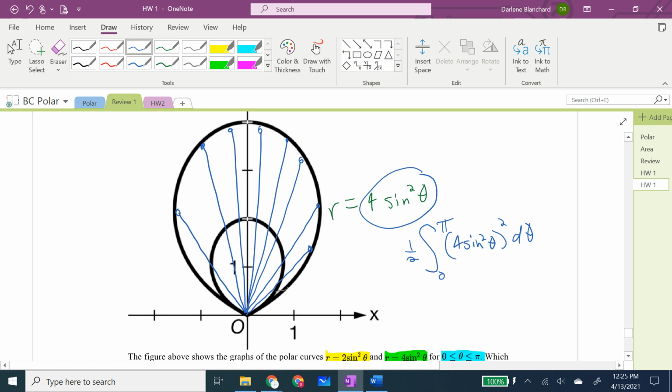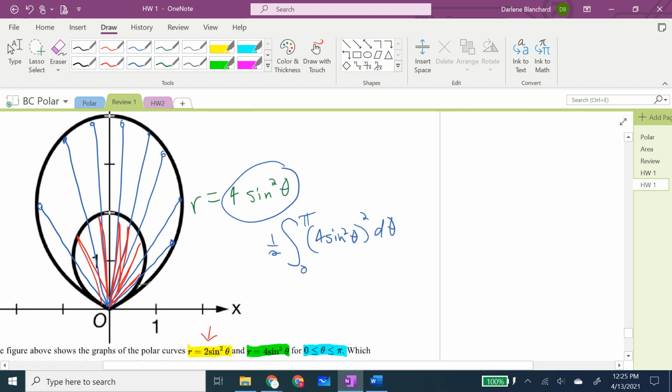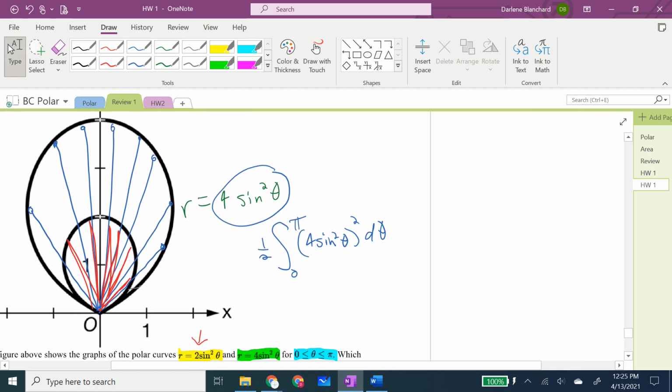We need to take away from that this area. And to do that, we're going to integrate this r, but for the same angles and with the same formula of 1/2 r squared.